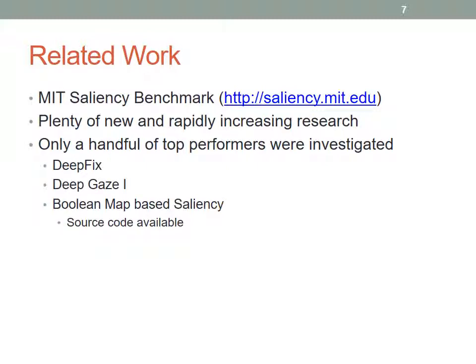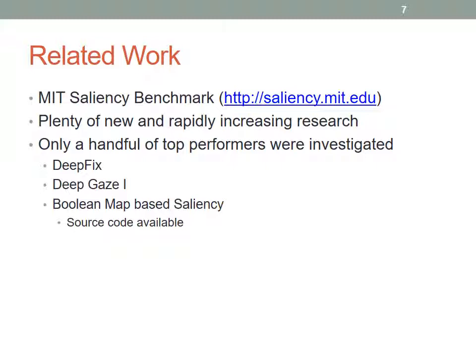So, some related research: the MIT Saliency benchmark is a huge help towards researching this field. They provide two large data sets for algorithms to train upon and test against. I've been focusing on that benchmark website to find my research and evaluate algorithms.